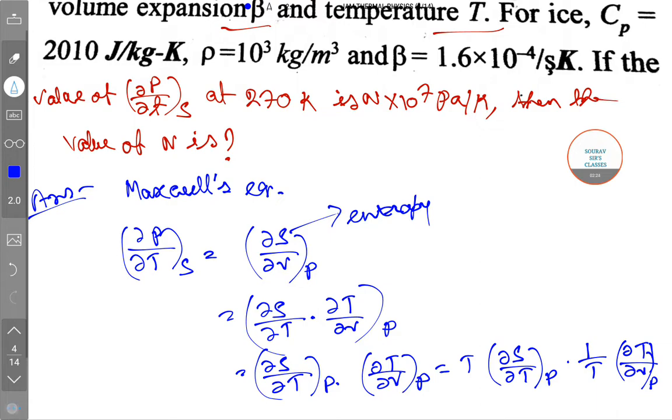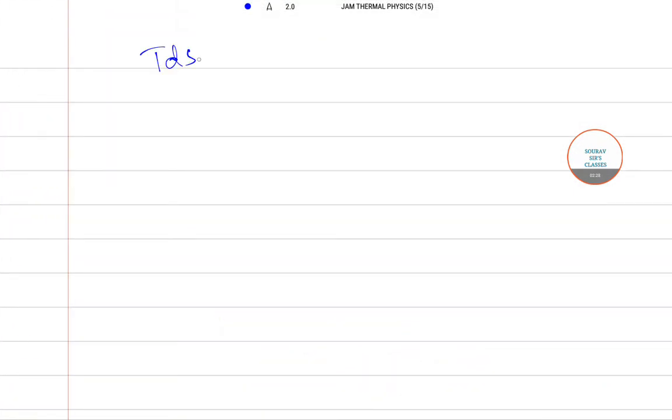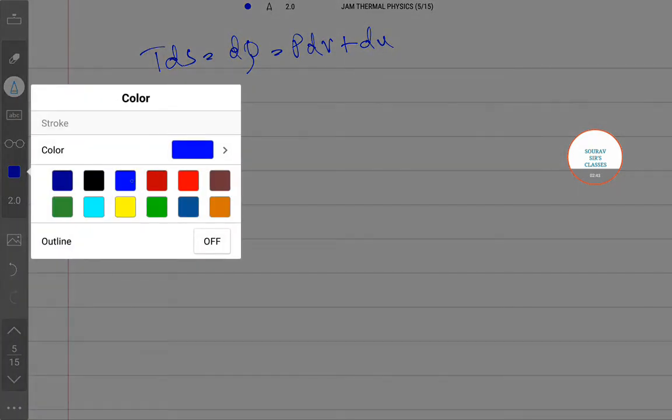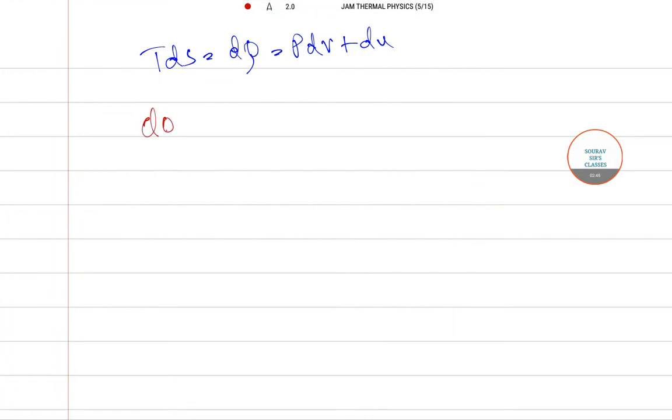So now we all know TdS equals dQ equals PdV plus dU. dU is the internal energy and PdV is the work done. So here dQ equals TdS.